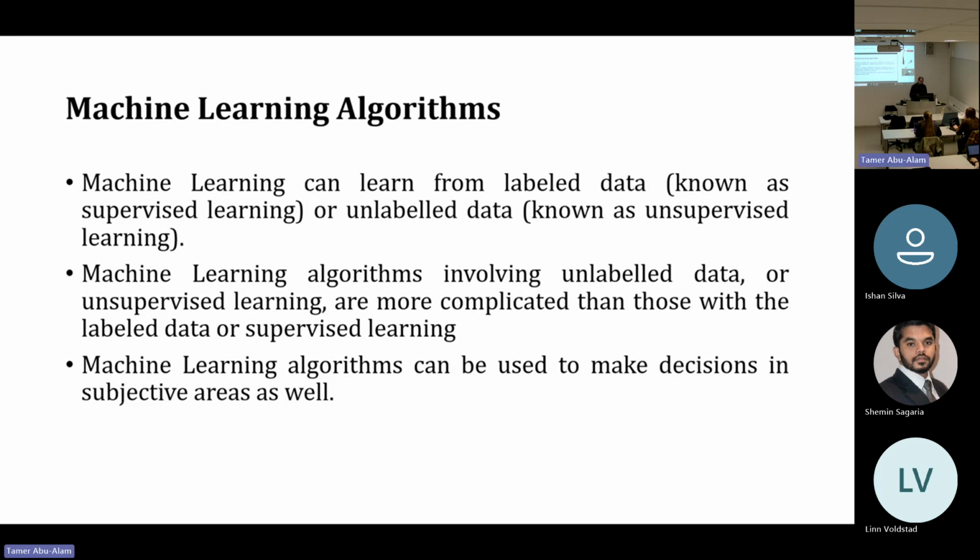Machine learning algorithms involving unlabeled data, or unsupervised learning, are more complicated than those with labeled data. Do you know why? Let me give you an example from the last lecture.